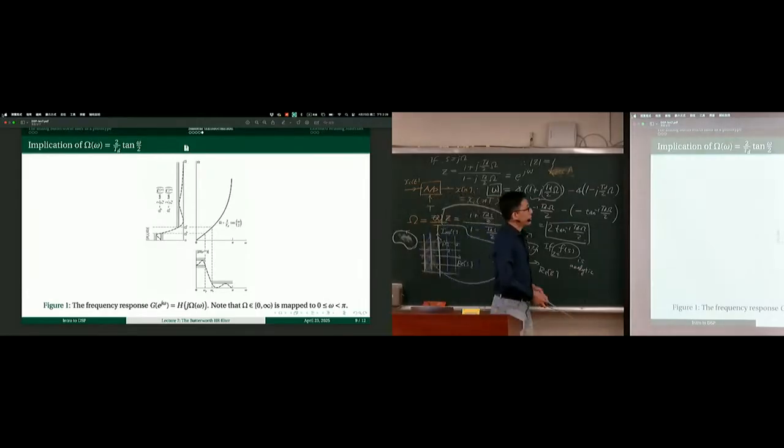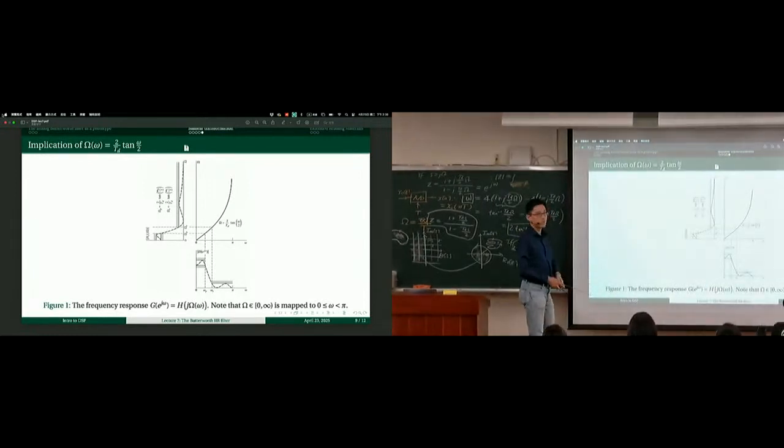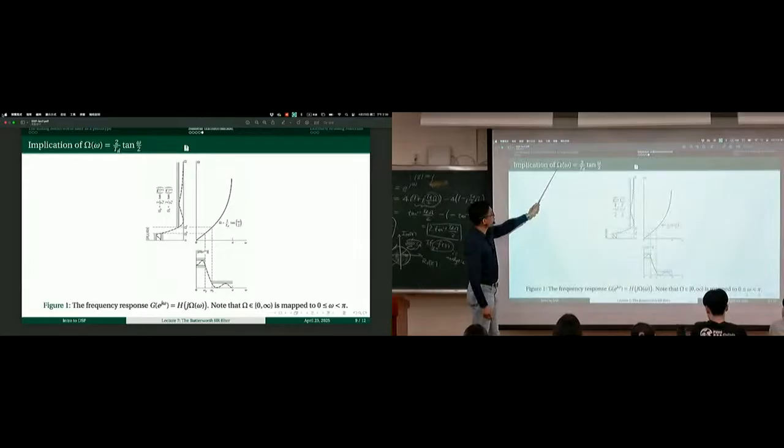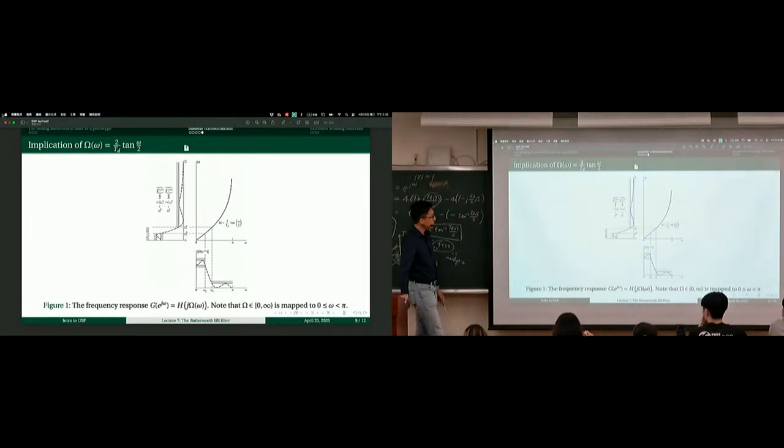Now, coming back to focus on this equation, big omega as a function of small omega, this relation explains the relation between the analog prototype and its discrete time design. Long story short, it's about compressing the frequency axis.